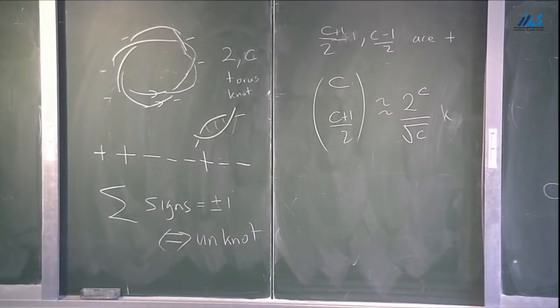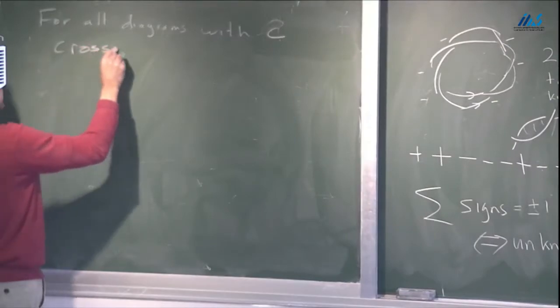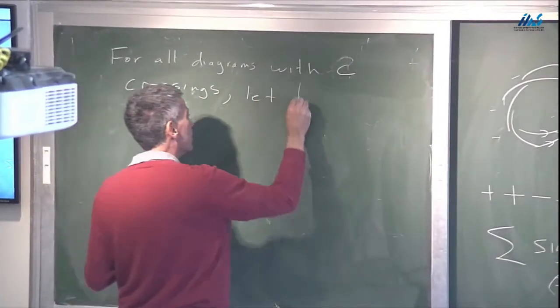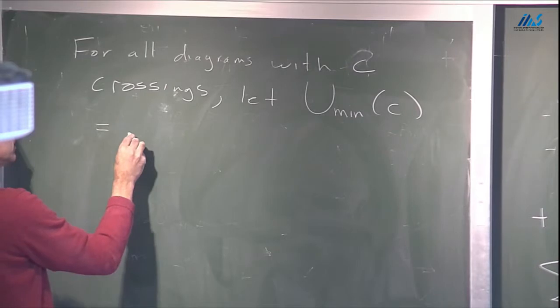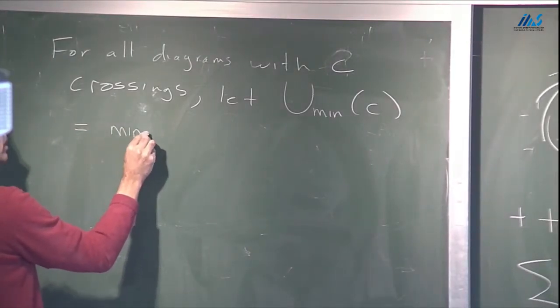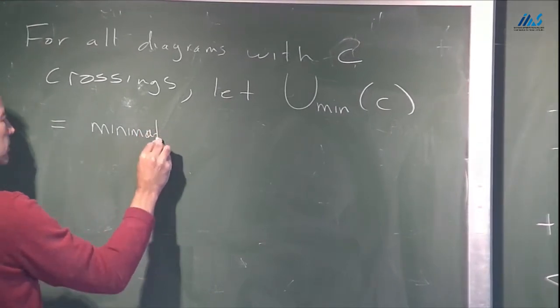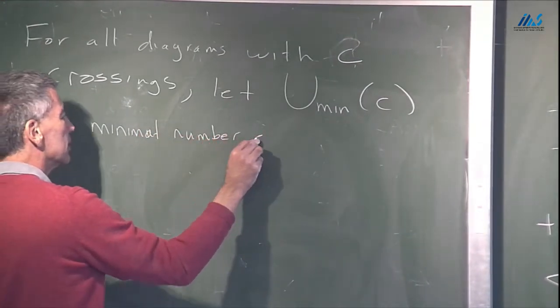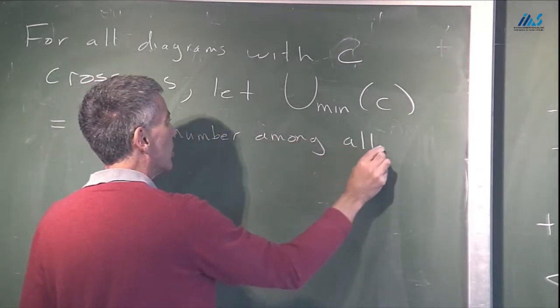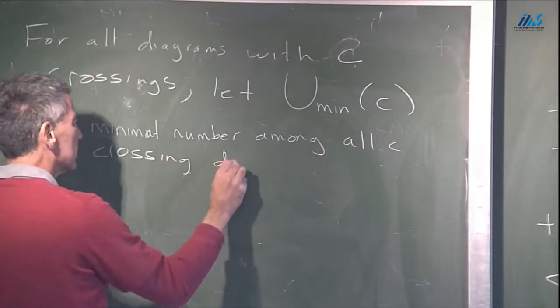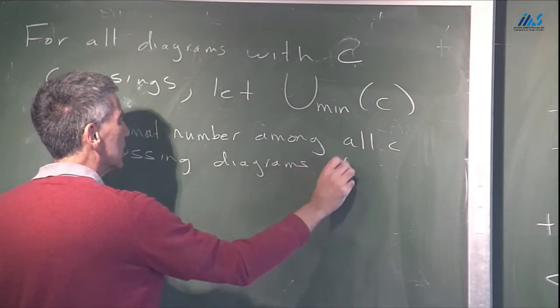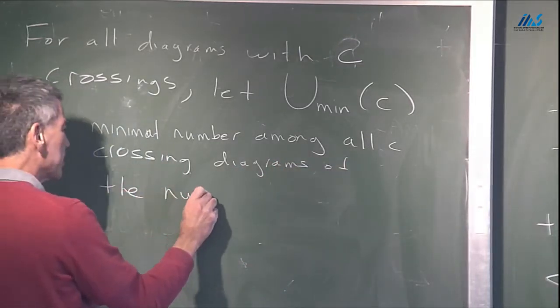For all diagrams with C crossings, let u min of C be the minimal number, among all C crossing diagrams, of the number of unknots.